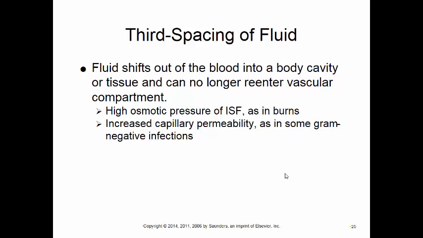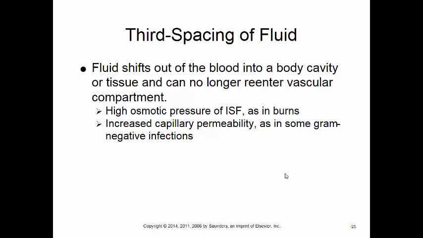One of the ways this typically can happen is through burns. Burn victims often have a lot of cell damage, and due to the release of proteins and things of that nature, this causes a high osmotic pressure in the interstitial fluid.